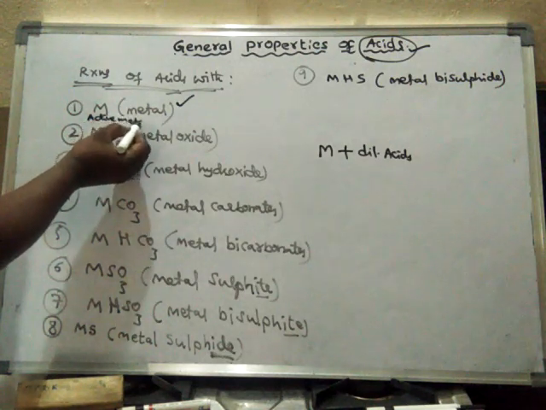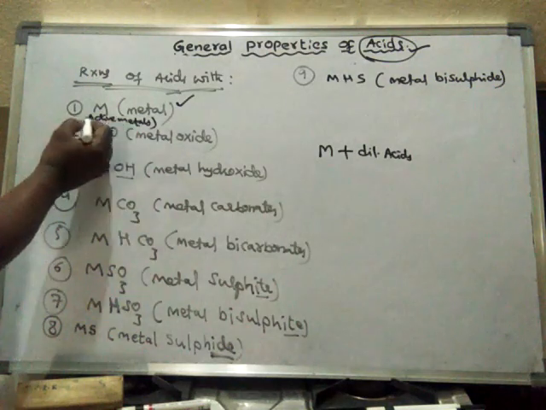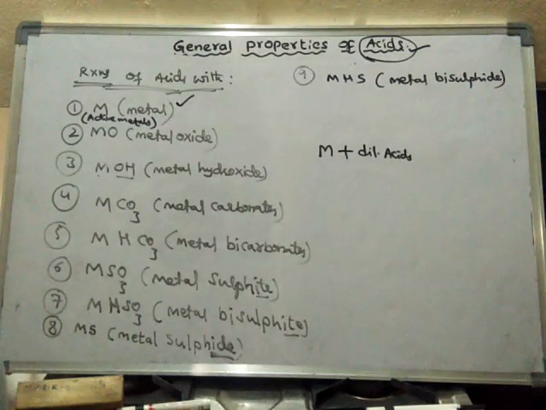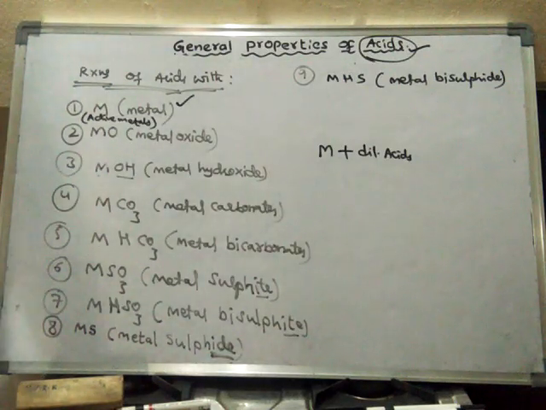We have to take active metals like aluminium, zinc, magnesium, iron, and so on. So active metals like iron, aluminium, zinc, like that we have to take.